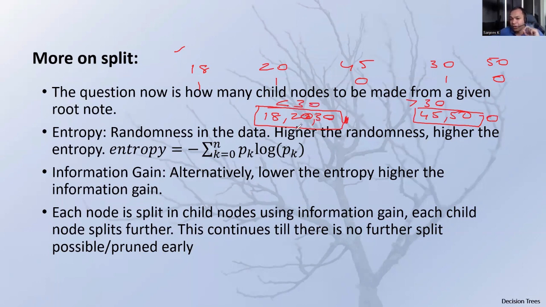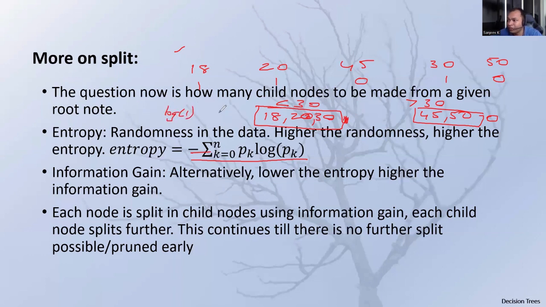Now in this particular class, all of them belong to 1, right? I want to understand what the uncertainty is, and I can calculate it using this formula: odds into log of odds, summed up. In this case, all of them belong to one class, so what happens to log 1?